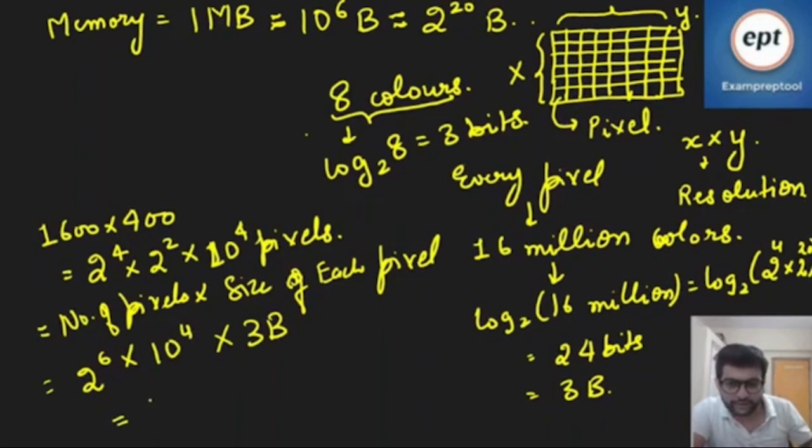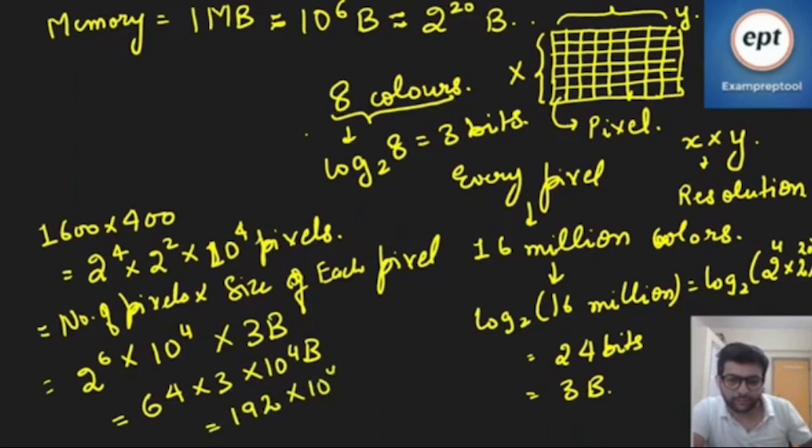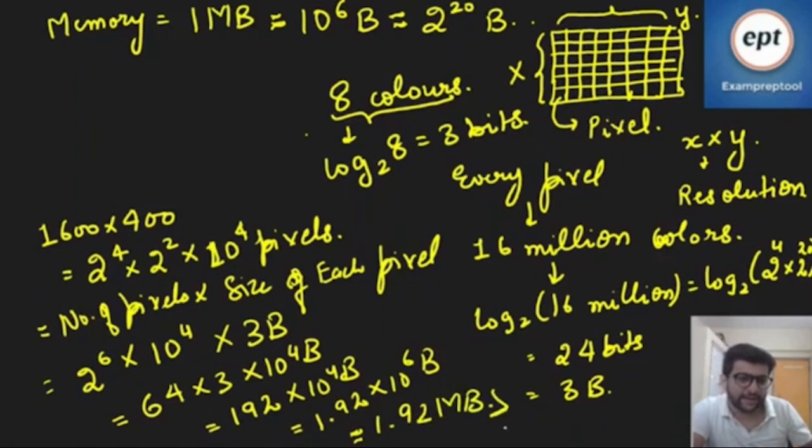If we solve it further, that will be 64 into 3 into 10 power 4 bytes, which equals 192 into 10 power 4 bytes, which equals 1.92 into 10 power 6 bytes, nearly equal to 1.92 MB, which is greater than the available 1 MB of memory, right?